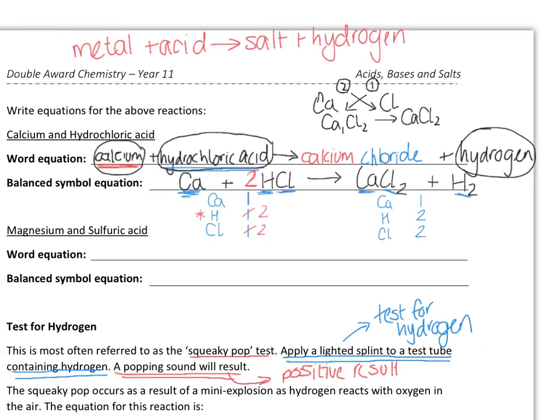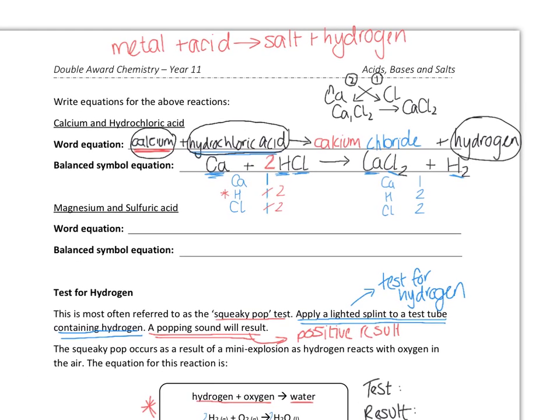Okay, what I want you to do now is to have a go at writing your balanced symbol equation for magnesium and sulfuric acid. So start by writing your word equation and then try writing your balanced symbol equation. And just a little note to help you, sulfuric acid is H2SO4. That is the formula for sulfuric acid.